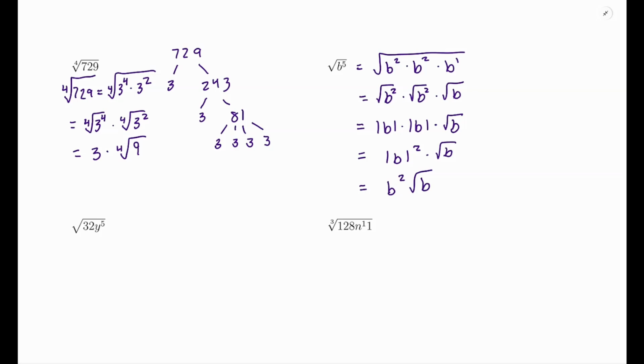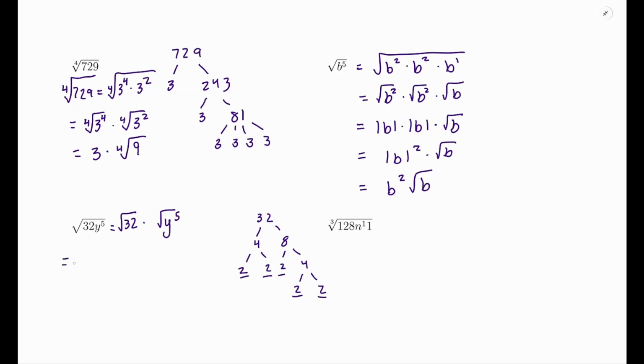Square root of 32y to the fifth. Now this, I'm going to use the product property right away to rewrite as the square root of 32 times the square root of y to the fifth, so that way I can do them separately. Now 32, I need to do a factor tree. What is that? 4 and 8, 2 and 2, 2 and 4, 2, 2.